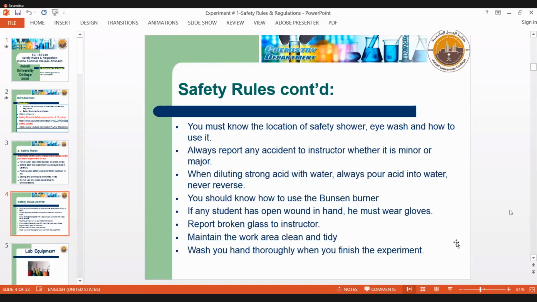Once you add water into it, it suddenly blasts. So you always follow the rules: you always pour the acid into the water. Don't do the reverse. And you should know how to use the Bunsen burner for heating. If any student has open wounds on the hand, you must wear gloves.